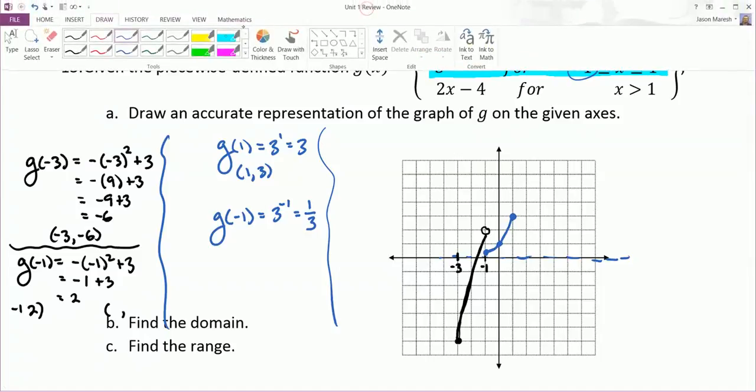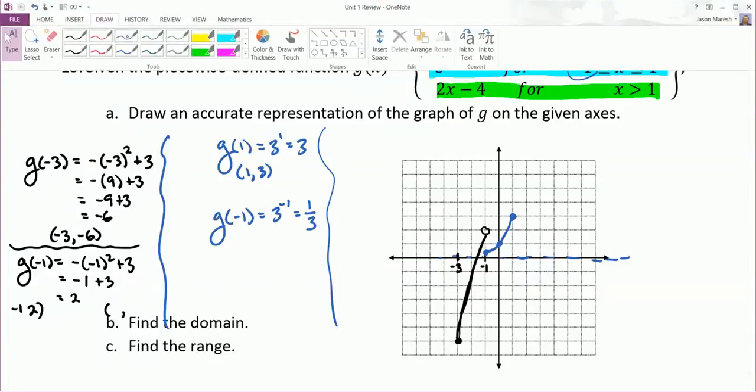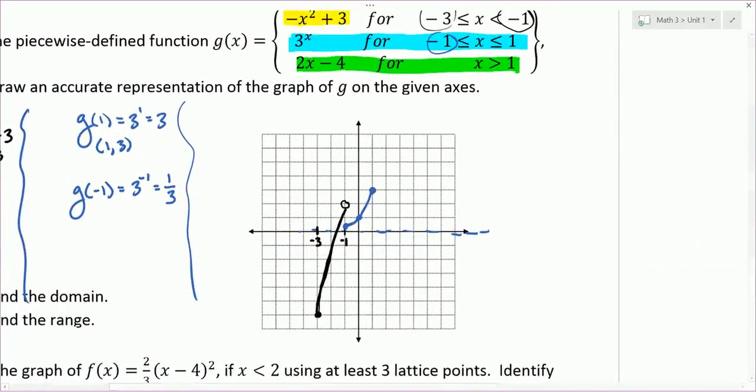And then moving on to the last piece, 2x minus 4 for x greater than 1. So think about what do we know about 2x minus 4? That's a line. It's got a y-intercept at -4.